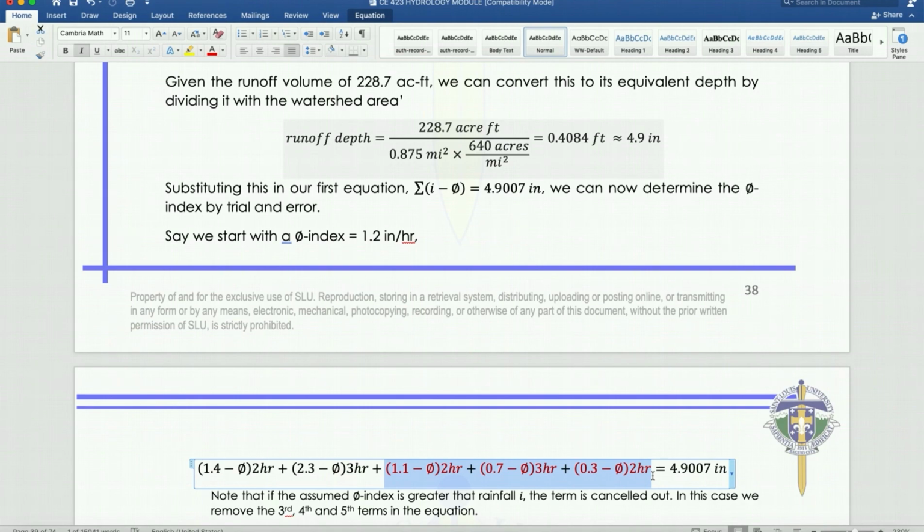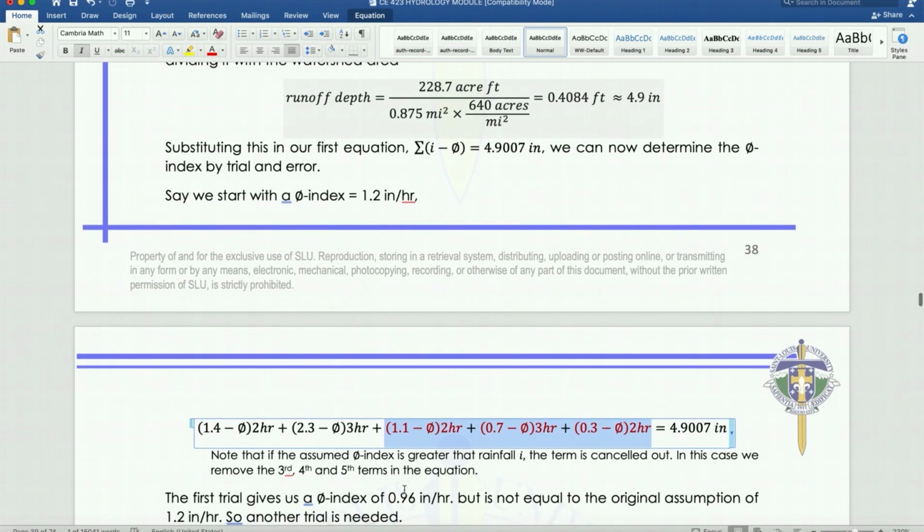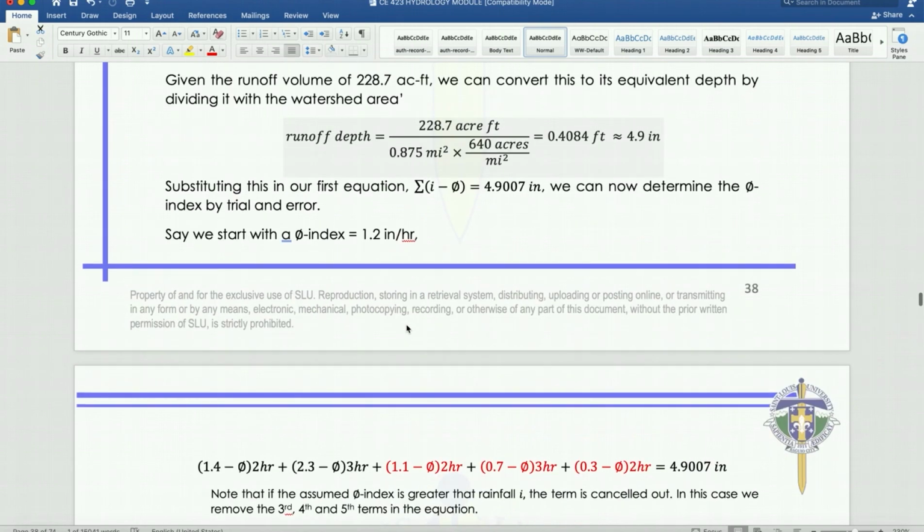We have 1.4 minus alpha x times 2 plus 2.3 minus alpha x times 3 is equivalent to 4.9, and that is equivalent to 0.96. Now 0.96 is still far from 1.2. 1.2 and 0.96 should be equal. Since 1.2 and 0.96 are not equal, I will be assuming again another value for phi index.